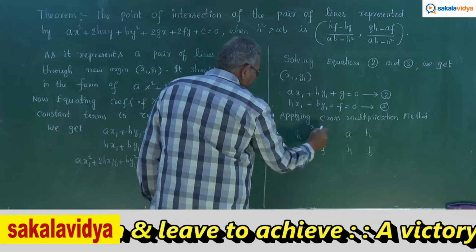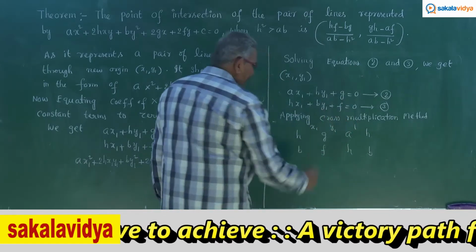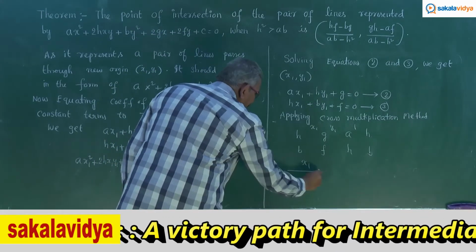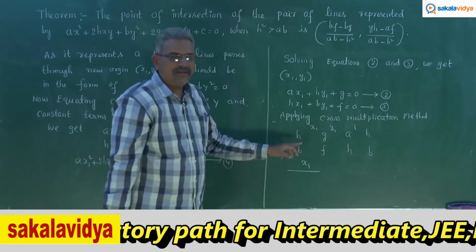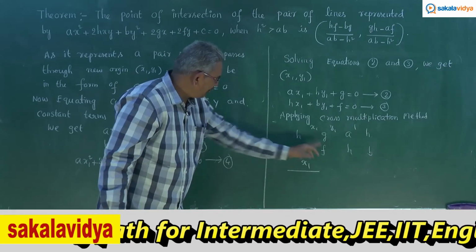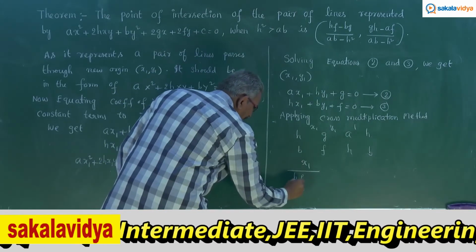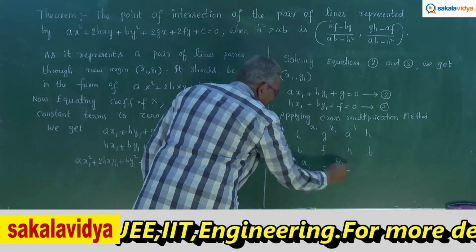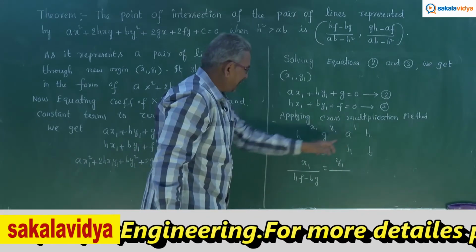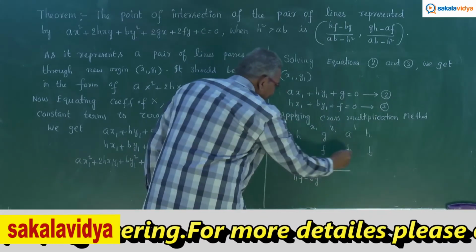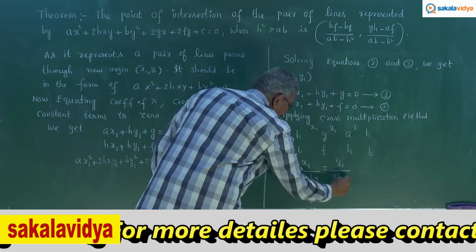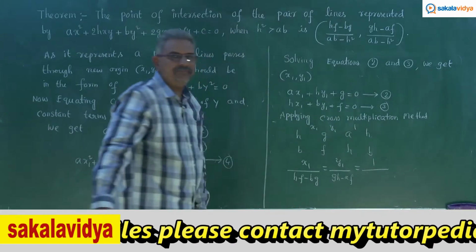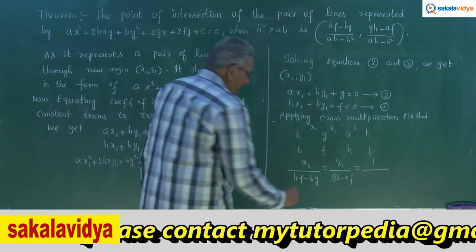Here x1, y1 and 1. Now we get x1 by the determinant of this 2 by 2 matrix, hf minus bg, correct, equals to y1 divided by the determinant of this matrix, that will be gh minus af, equals to 1 divided by the determinant of this matrix. So we have ab minus h square.